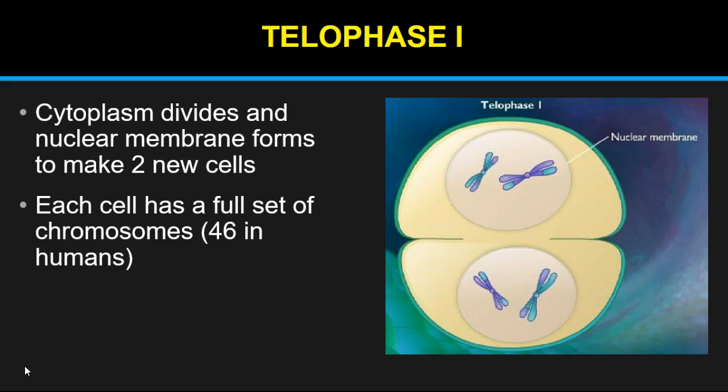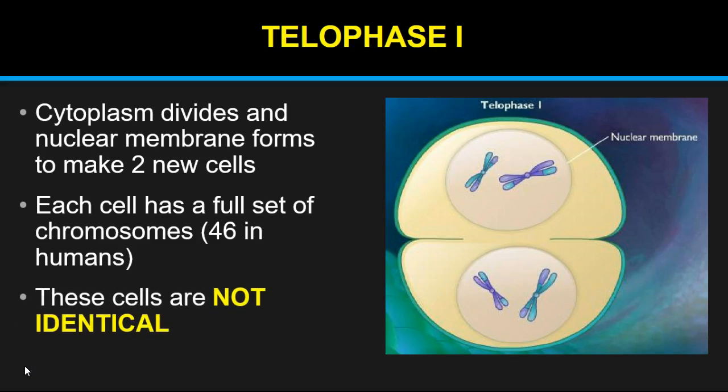And you can also see in this picture that crossing over has taken place. And you can see, because crossing over has taken place, these cells are not identical. If you closely examine the chromosomes in the two cells, particularly you can see in the large chromosome of each cell, they're not the same.